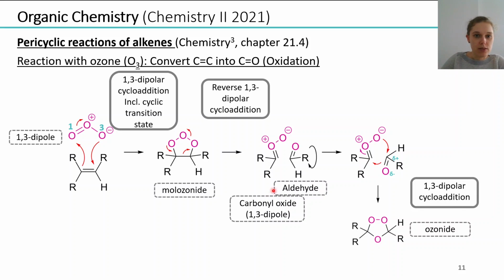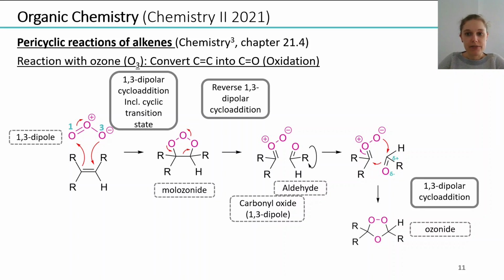And if you now look at this carbonyl oxide, you can see it looks quite similar to our starting material, the ozone. So again, we have a positive charge and a negative charge at the oxygen atoms. And this other molecule is now an aldehyde.